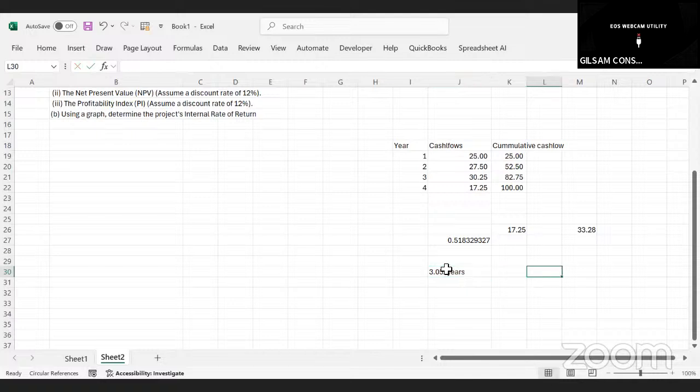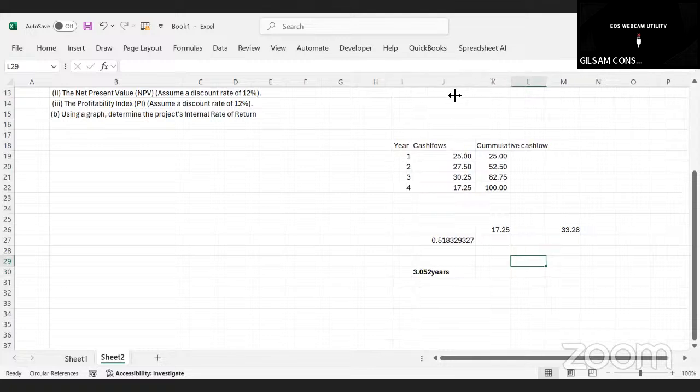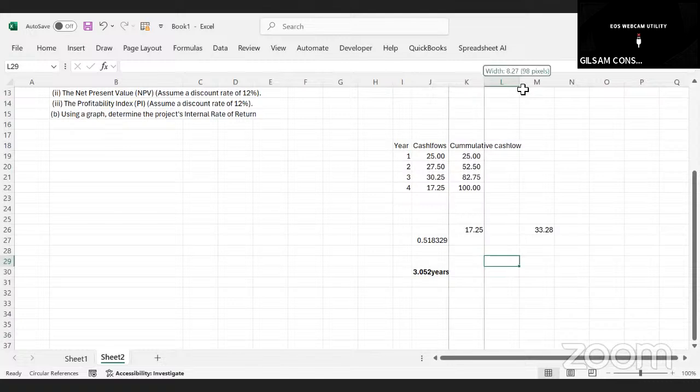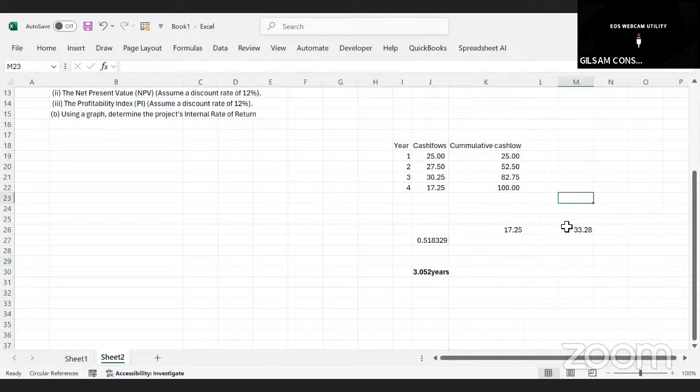So that's how you calculate the payback in a long method, because I don't think there is a way of calculating the payback period using the Excel formula. So that's another alternative. You need to know how to calculate these formulas using the long way.